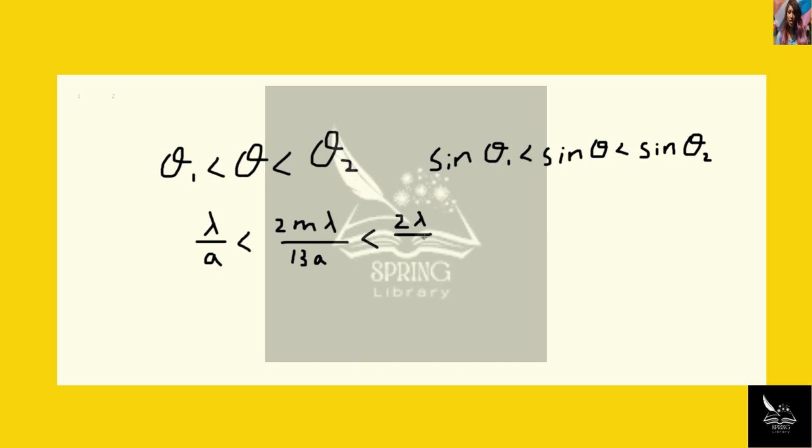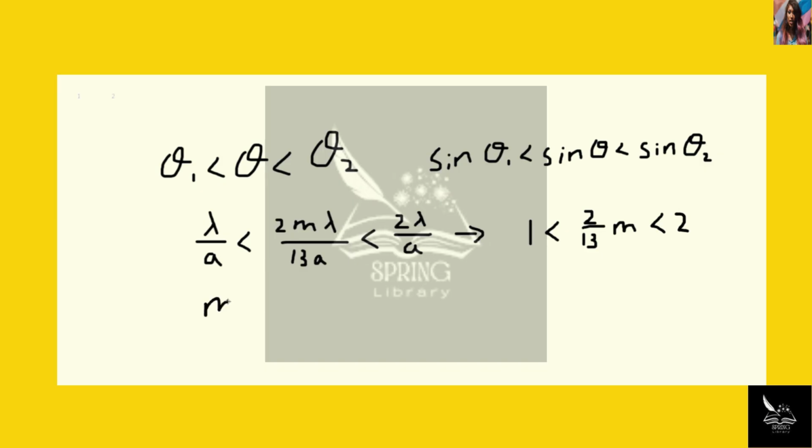We can cancel the lambdas and the a's out because there's a lambda over a in every one of these. So this simplifies down to 1 is less than 2 over 13 times m is less than 2.